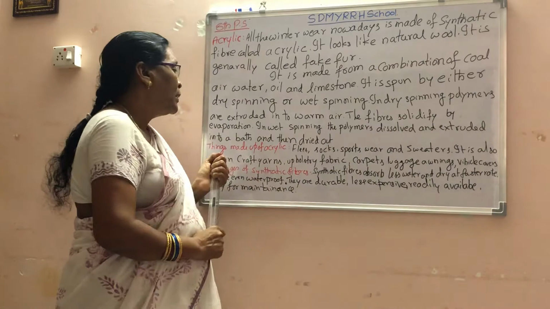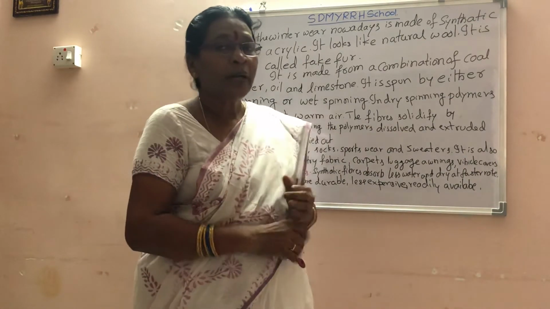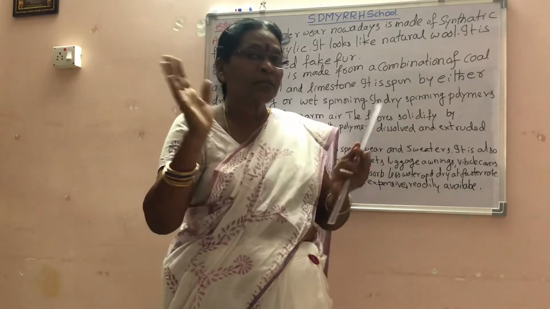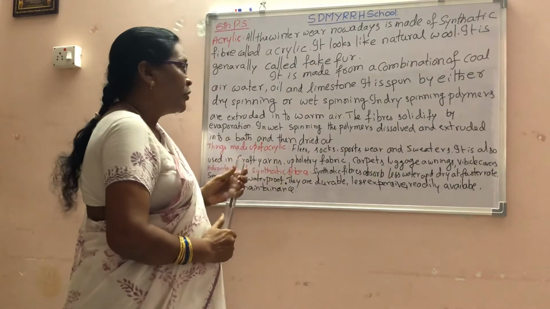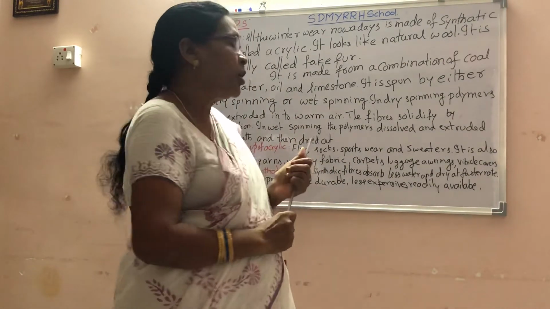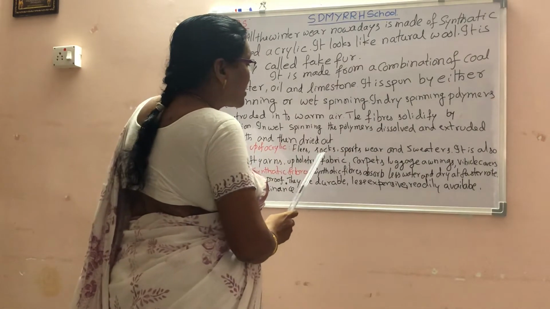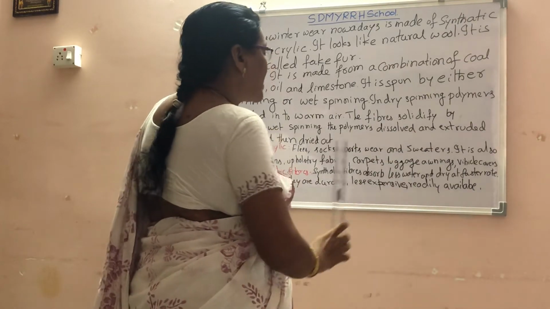Then, things made of acrylic. Acrylic fibers come in different thicknesses and different colors. From these fibers, some materials are prepared. What are they? Fleece, socks, sportswear and sweaters.